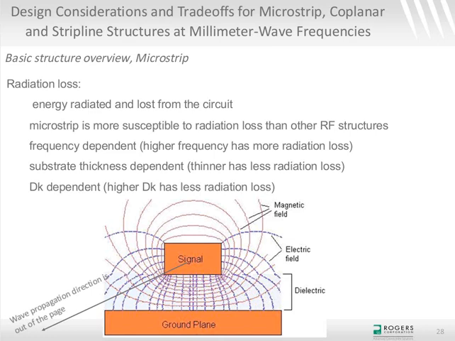So higher frequency, more radiation loss. Substrate thickness, the thicker it is, the more radiation loss. And for the dielectric constant, the higher it is, the less radiation loss. The reason higher dielectric constant has less radiation loss is because it causes the fields to condense. The fields are more condensed inside the substrate, so to speak, and they're less likely to radiate off.